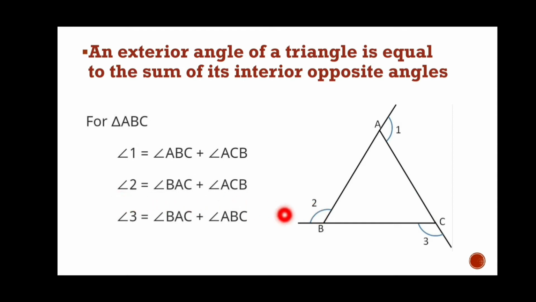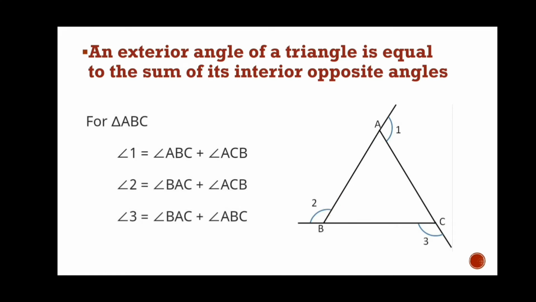Now angle 2, if we have to find the exterior angle 2, then it will be equal to the sum of its interior opposite angles. So the interior opposite angles of angle 2 are angle A and angle C. So if we add angle A and angle C, we will get the value of angle 2.